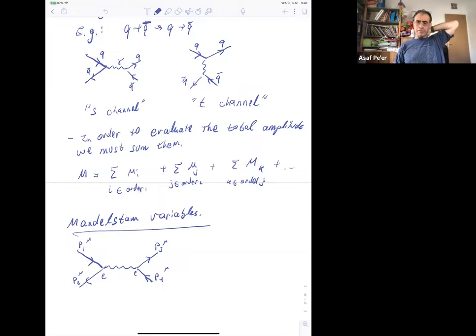So we denote the momentum of the internal line with a Q. So we have a Q mu, but since we have conservation in this vertex, it must be equal to P1 mu plus P2 mu, because we have conservation of momentum at that vertex.